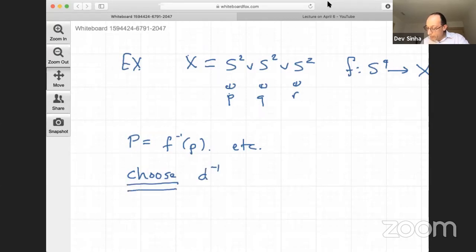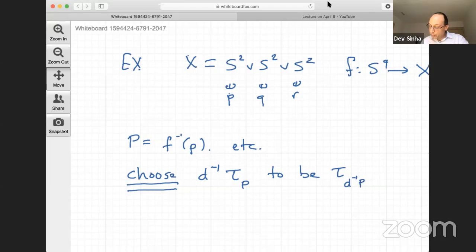Again, it's a choice of some cochain which co-bounds, in this case maybe tau capital P, to be itself a cochain, but I'll just call it D inverse of P, where this is something so that the boundary of D inverse of P is P. So that's just another submanifold of one higher dimension, but that means one lower codimension, which is then co-bounding.